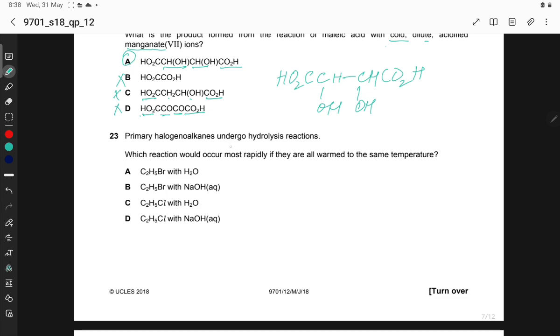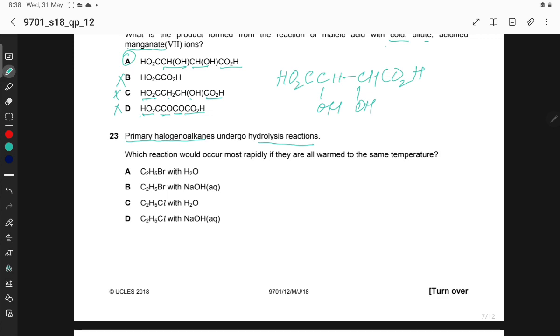Question number 23. Primary halogenoalkanes undergo hydrolysis reactions. Which reaction would occur most rapidly if they are all warmed to the same temperature?